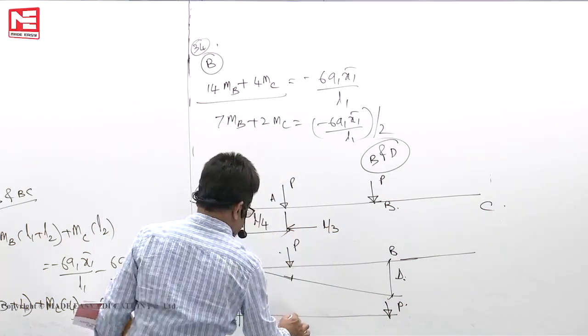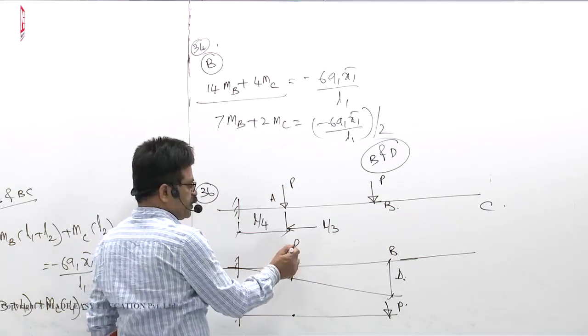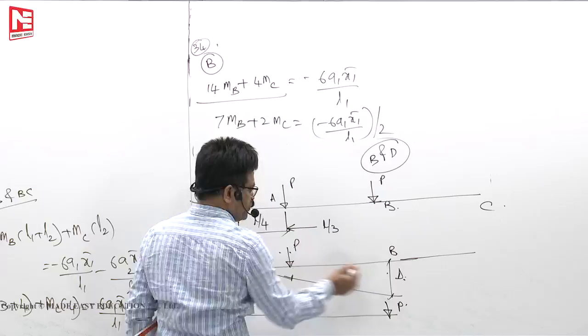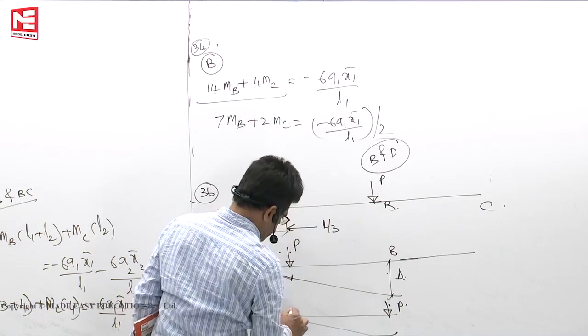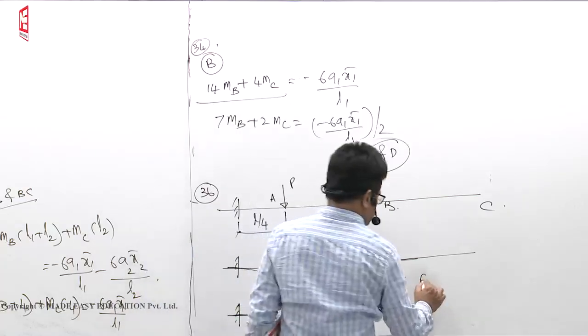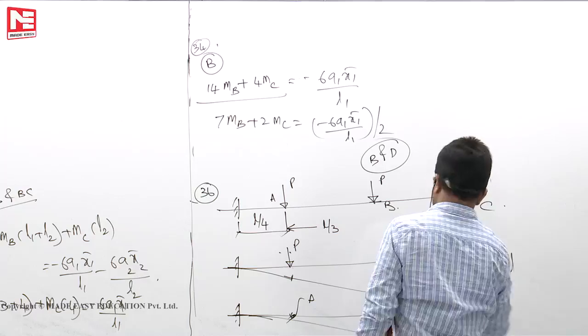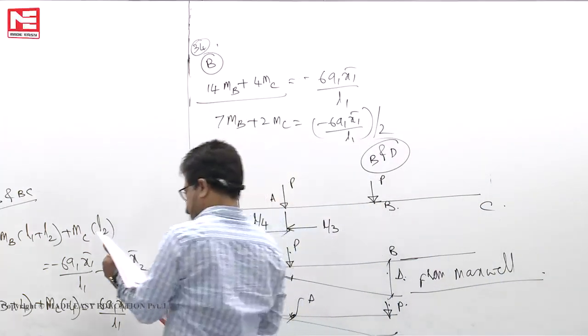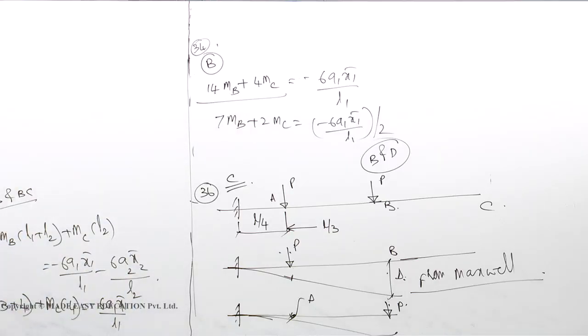Deflection at A will be, by Maxwell's reciprocal displacement theorem, if you apply load P here, displacement is delta. If you apply load P here, displacement must be, on a curved line, it has to be delta from Maxwell. So 36 is delta, C. Next 37.